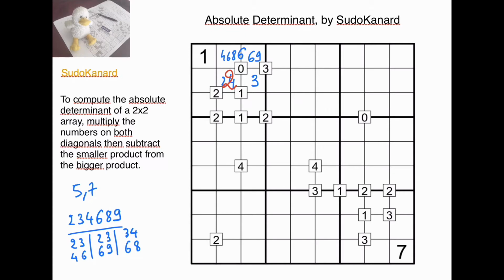Well, let's have a look. If 2 is here, then on top of the 2, we can't have 8. So 8 must be somewhere around here. And what was the logic again? I don't quite remember.